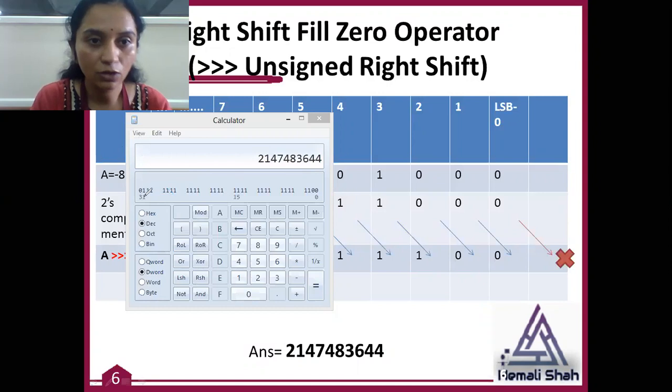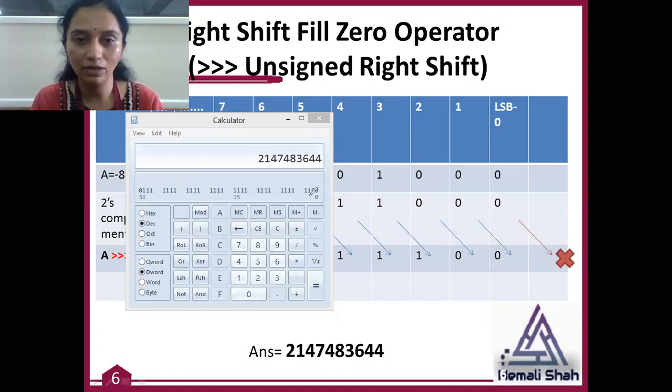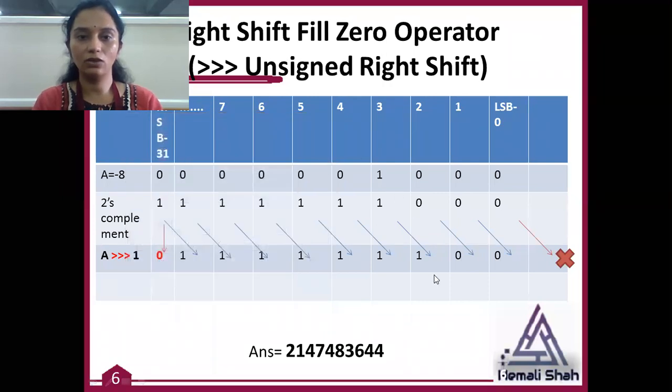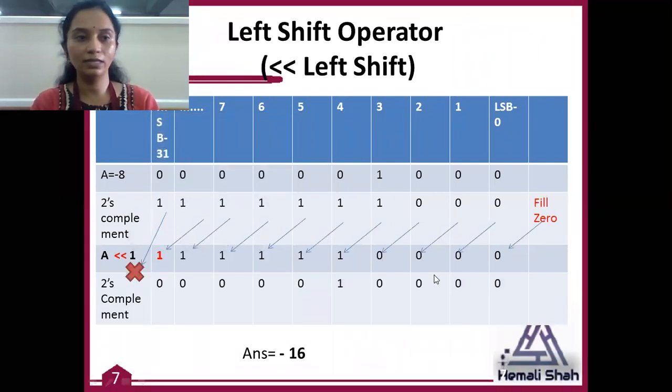See here, the first bit is 0, then all other bits are 1, and the last two bits are 0. So this is the representation of the number 2147483644. So whenever you perform the unsigned right shift, you will always get a positive value. You will not get the sign that is available in the actual variable.